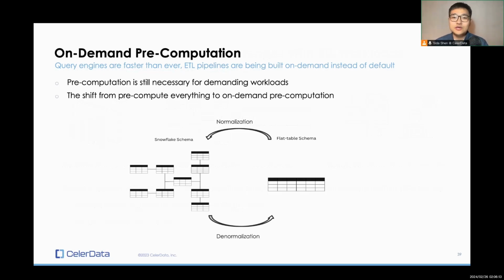This shift from pre-computing everything to on-demand pre-computation is the reason why there is a big mismatch between an extremely high performance query engine like StarRocks and the traditional pre-computation ETL pipeline with batch processing tools like Spark.